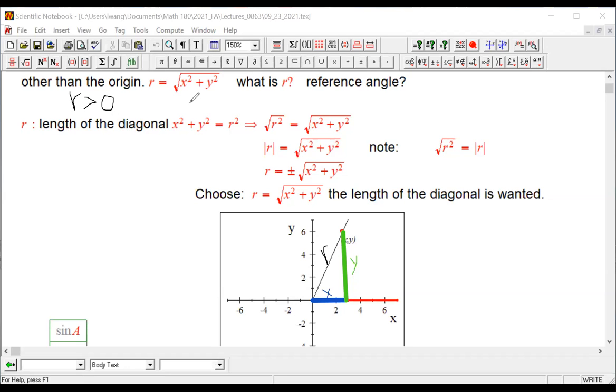How about x, y? Are x, y always positive? Not necessarily, because if you have the terminal side in the second quadrant, third quadrant, or fourth quadrant, x, y may not be positive. So x may be negative if on this side. We're going to consider all these 4 cases.